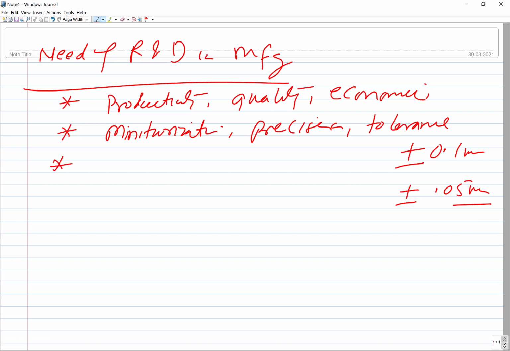And the third factor is to deal with the challenges of newer and newer harsh conditions, the more severe and harsh conditions which the products will be experiencing. I'll give an example. Earlier, thermal power plants were working in a temperature range of, say, 450 to 550.